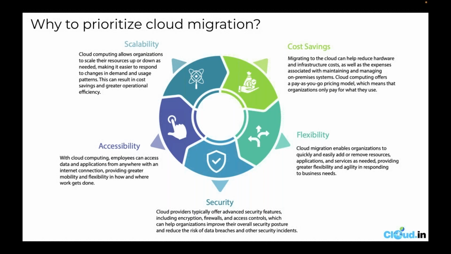Moving on, we have another major advantage, which is flexibility. Cloud migration enables organizations to quickly and easily add or remove resources, applications, and services as needed, providing greater flexibility and agility in responding to business needs. Flexibility describes how the cloud provides you access and the flexibility of change in your cloud environment.